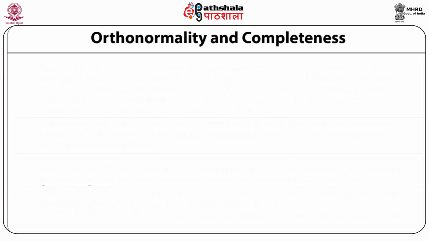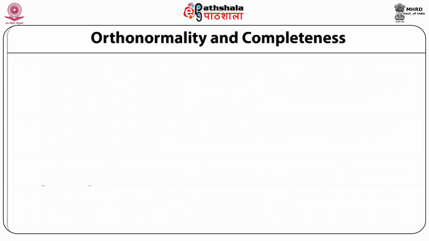Orthonormality and completeness. Now let us look at the conditions of orthonormality and completeness in the Hilbert space. So, such that the only non-zero number in uk is xk, which is equal to 1.